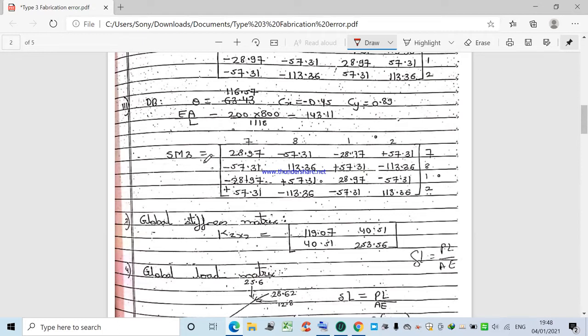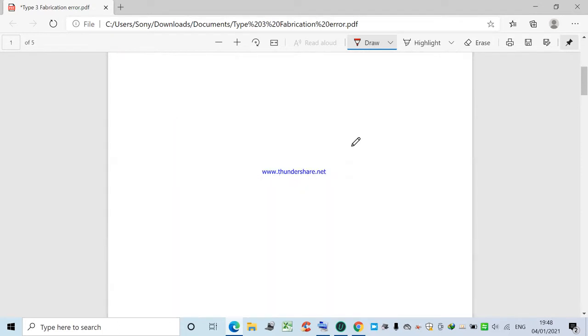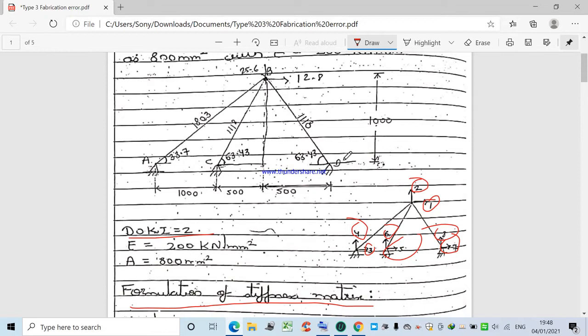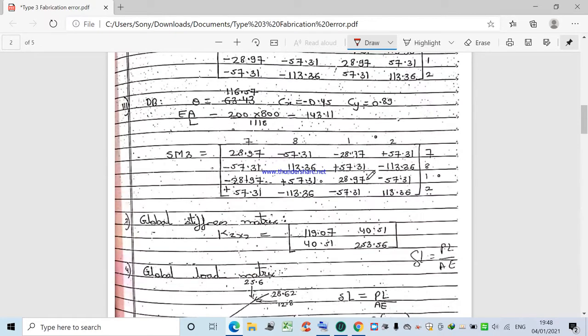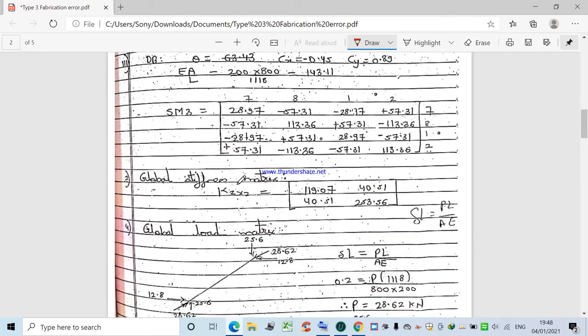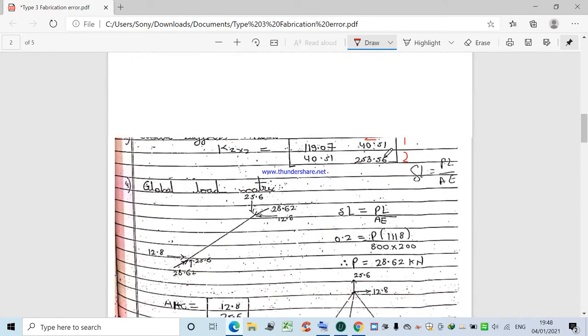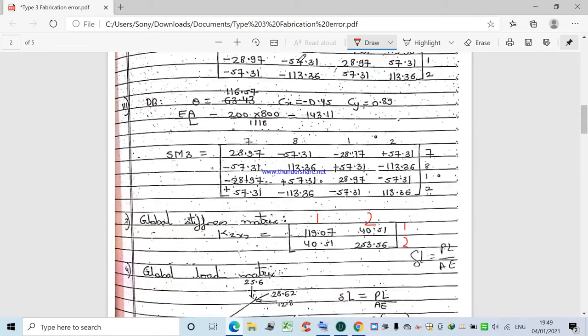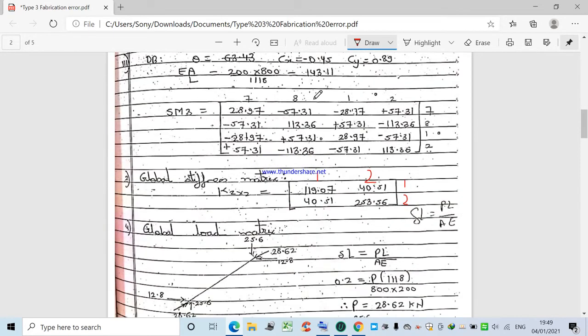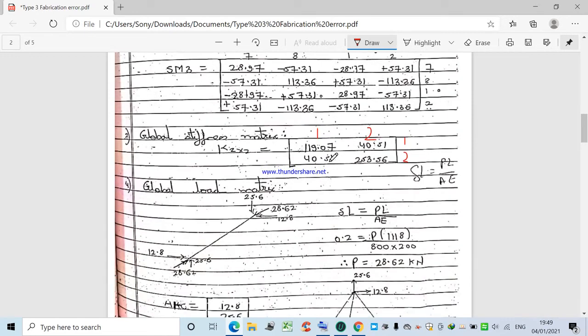This is applicable for SM3, that is DB, and we know that for DB the coordinates are 7 8 1 2, so we write the coordinates as 7 8 1 2. Then for the global stiffness matrix, 1 2, here also 1 2. Then assemble the 1 1, 1 2, 2 1 and 2 2 entries from all the three calculated matrices, adding and summing them, and we will get the answer like this.